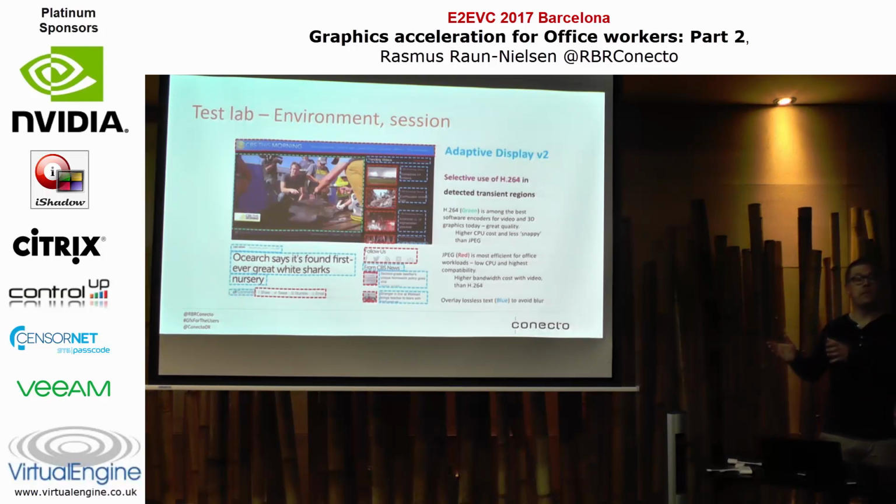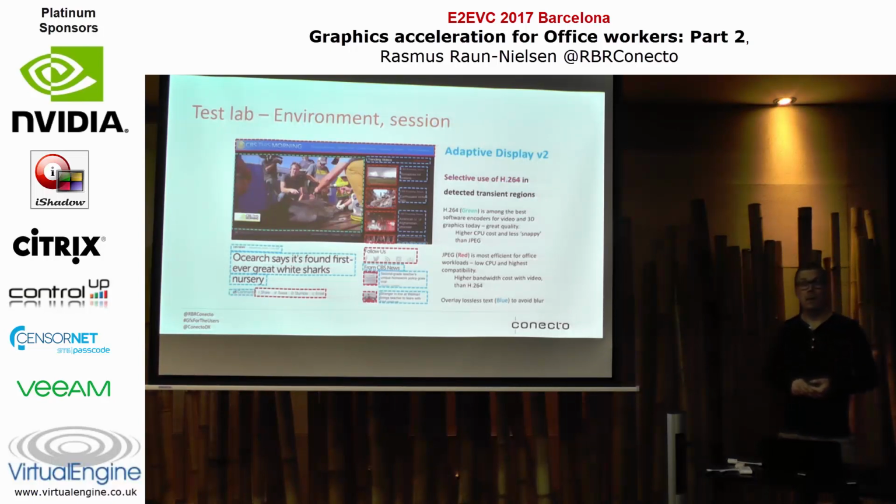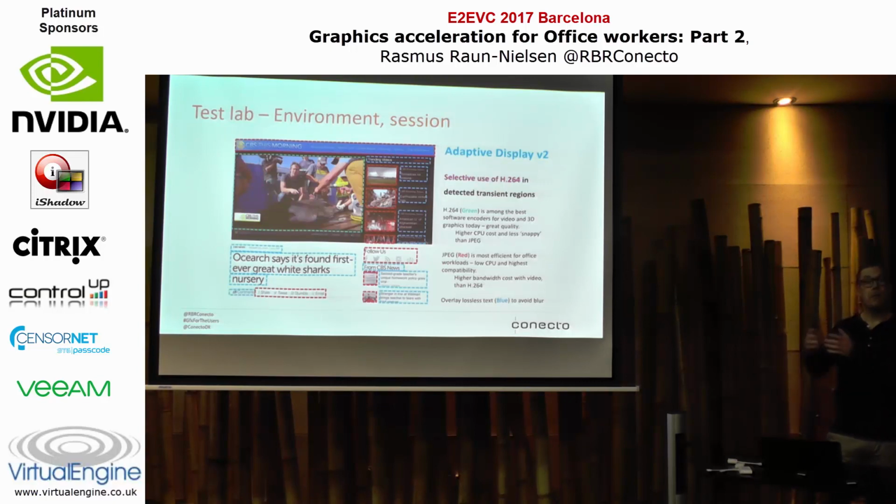We could go to H.264, which is very good at compressing moving images, but as I said before, it's not good at text. But this display protocol gives the best of both worlds. It scans the session content and decides what is moving images, and that part will be H.264 encoded. What is still images, pictures, can be lossy compressed, and if you have text, then it can be delivered losslessly to the endpoint device.